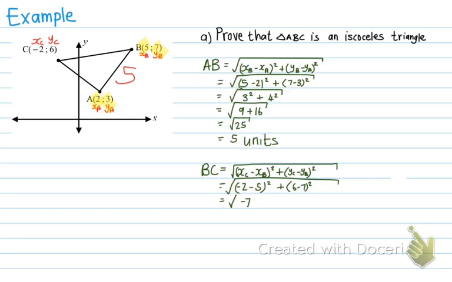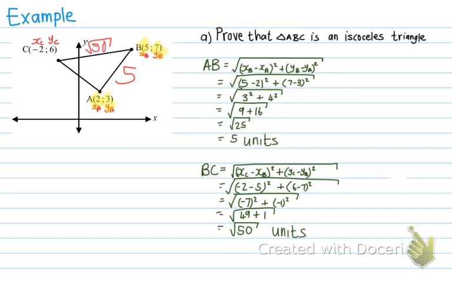Negative 2 minus 5 is negative 7 squared plus 6 minus 7, which is negative 1 squared. Negative 7 squared is positive 49, plus negative 1 squared, which is positive 1. 49 plus 1 is 50. So BC is the square root of 50 units. You can work out the square root of 50 and get 7 comma something, but that's not necessary. You can leave it as square root 50.